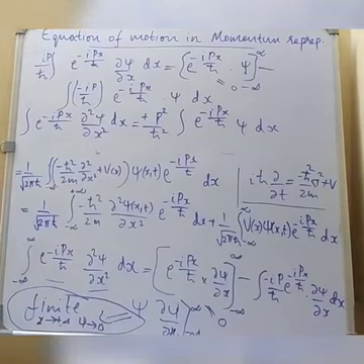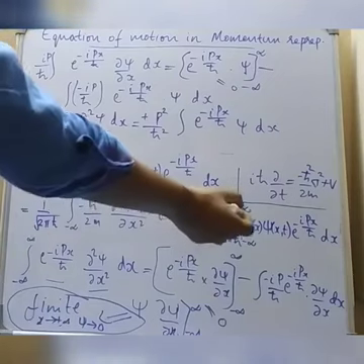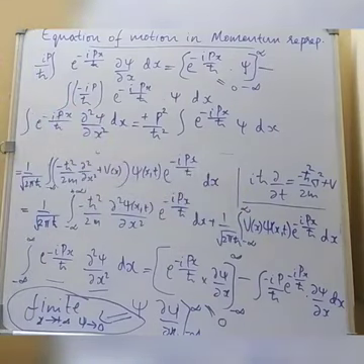Now let us move on with the integral of the second one, V of x ψ of x comma t e raised to minus i p x by ħ dx.